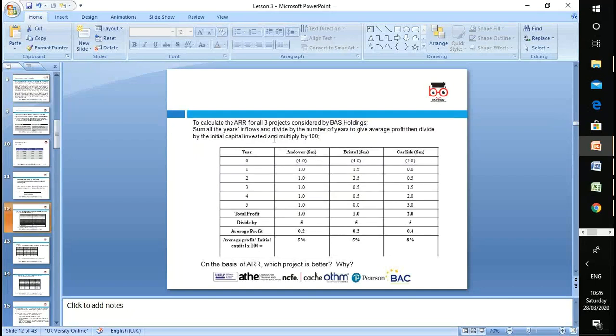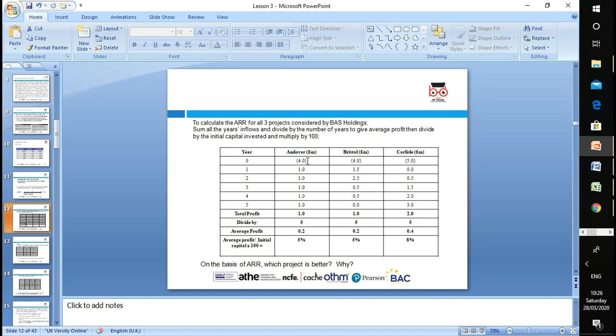So let's look at an example. We have 3 projects: Handover, Bristol, and Carlisle. We've been given the years and how much investment is required. So A requires 4 million, B requires 4 million, and C requires 5 million investment.